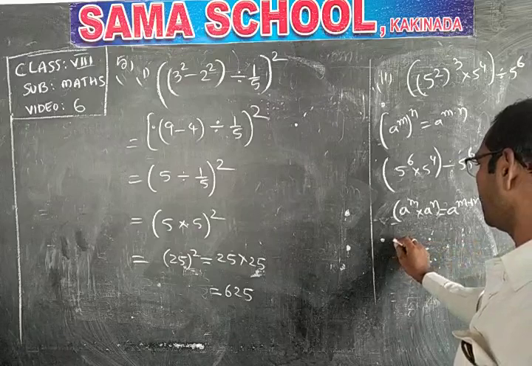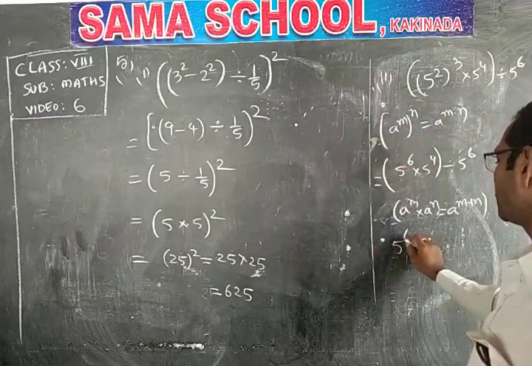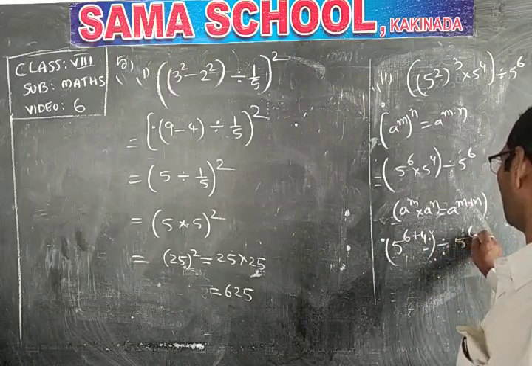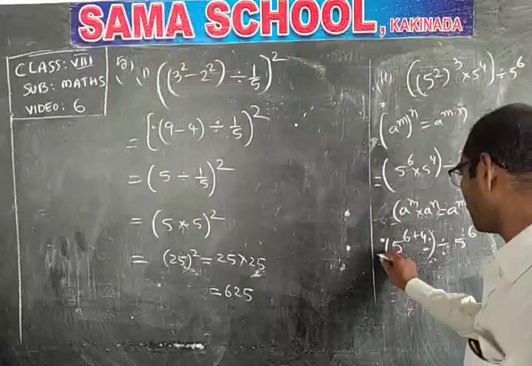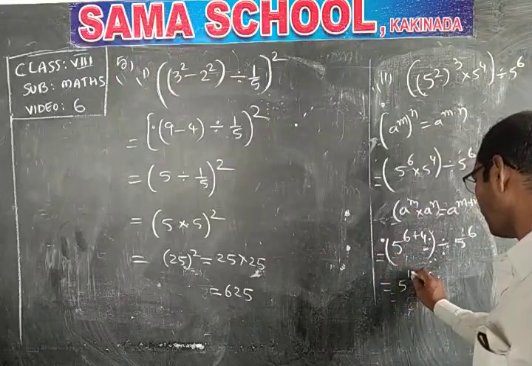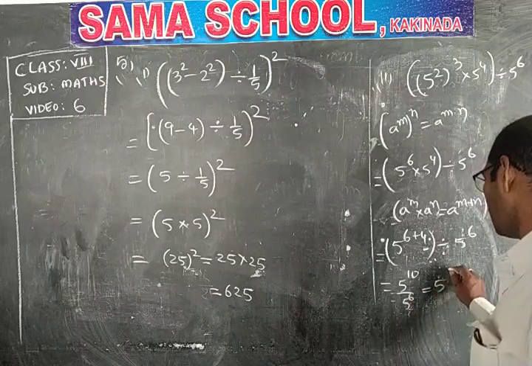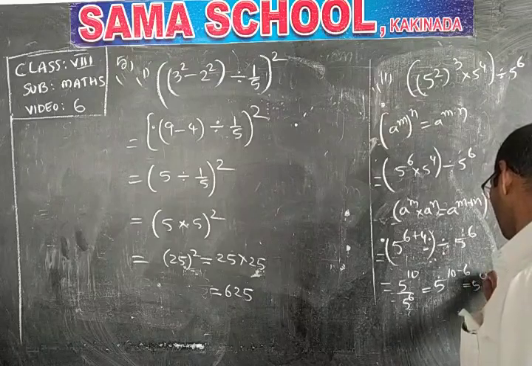That means 5 power 6 plus 4, divided by 5 power 6. 5 power 6 plus 4 means you can write 5 power 10 divided by 5 power 6. You can write 5 power 10 minus 6. How much? 5 power 4.